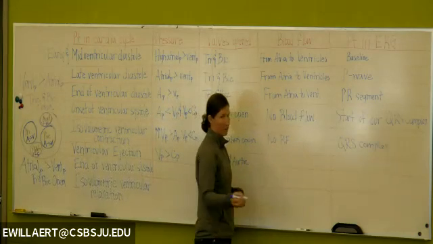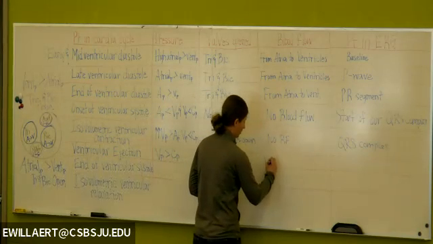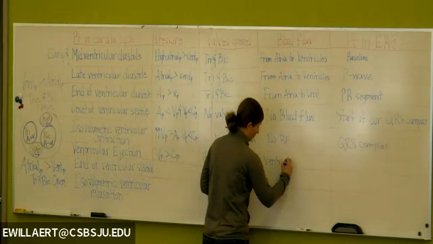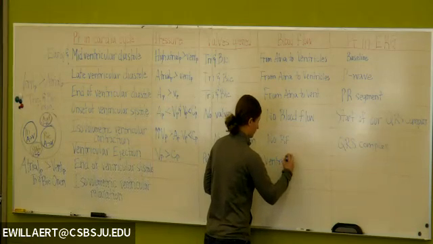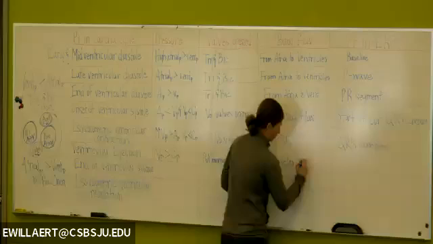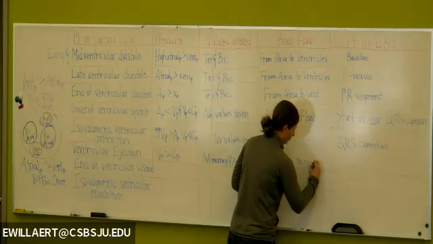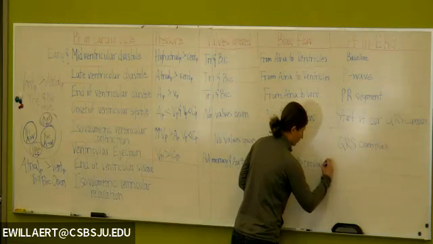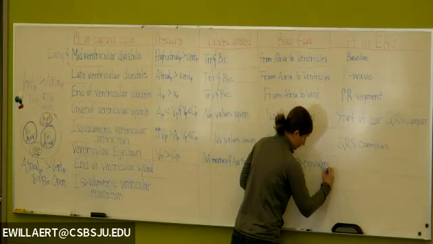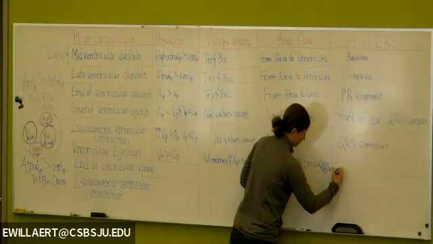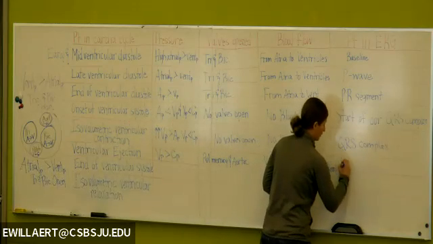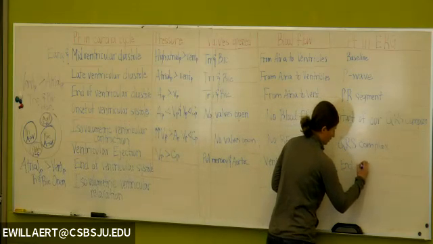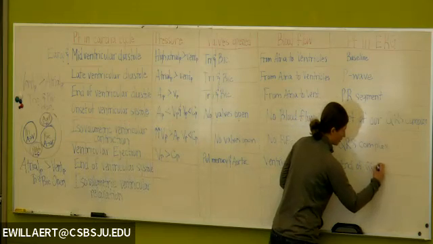Okay, so blood is going to be flowing from our ventricles to our circulatory. And this is the end of the QRS complex.